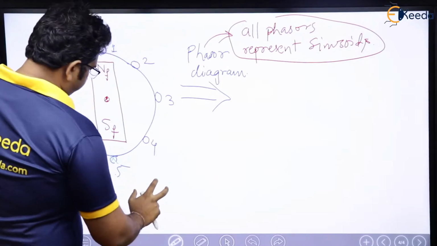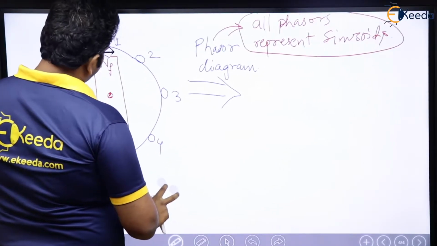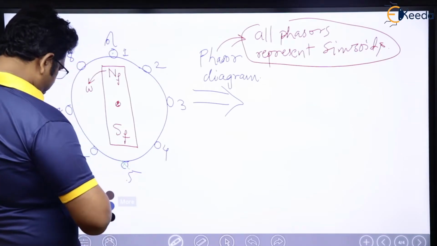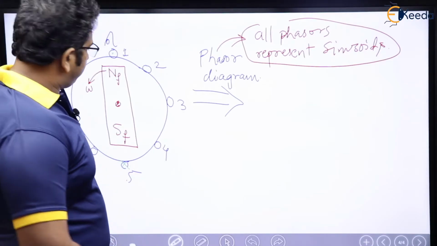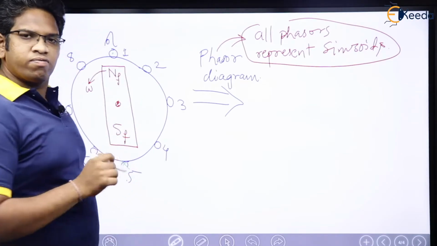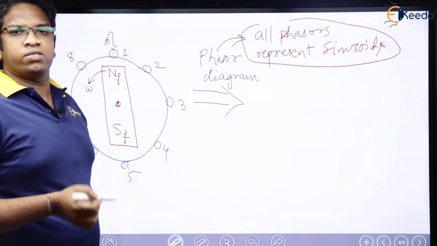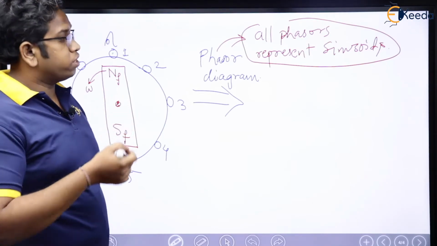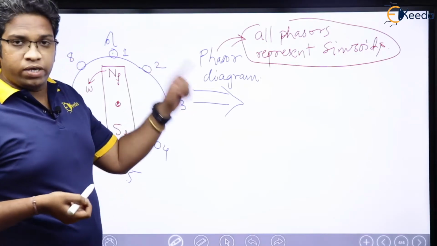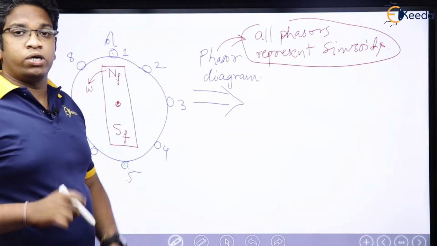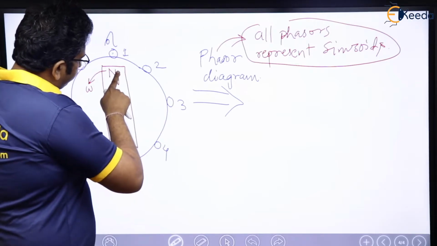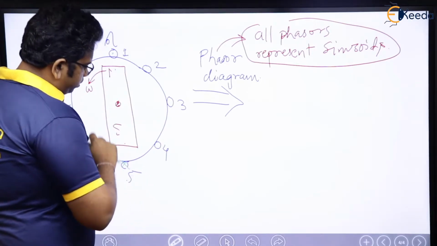Anyways, see here. You will say, sir, you have taken NF and SF, which means they have harmonics also, which means it is non-sinusoidal. And now you are saying all phasors must represent sinusoids, which means I cannot use NF and SF.